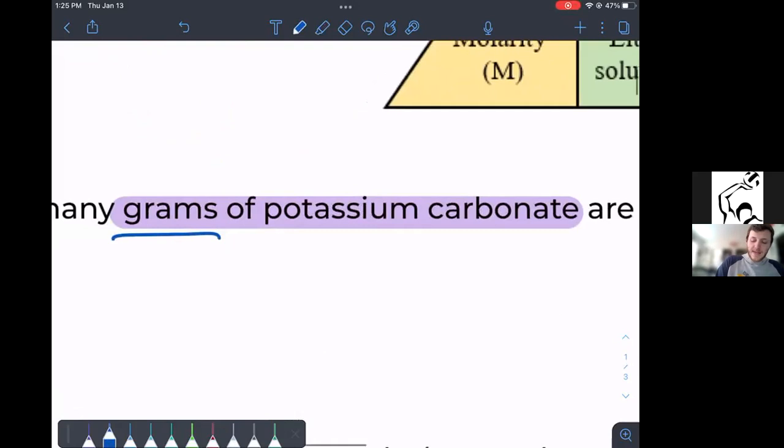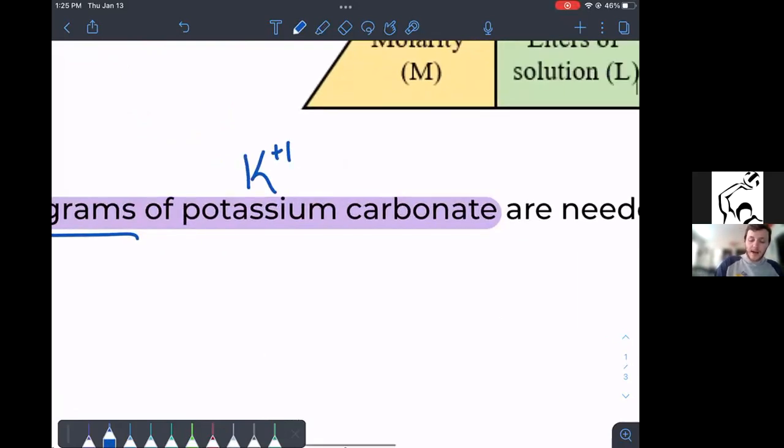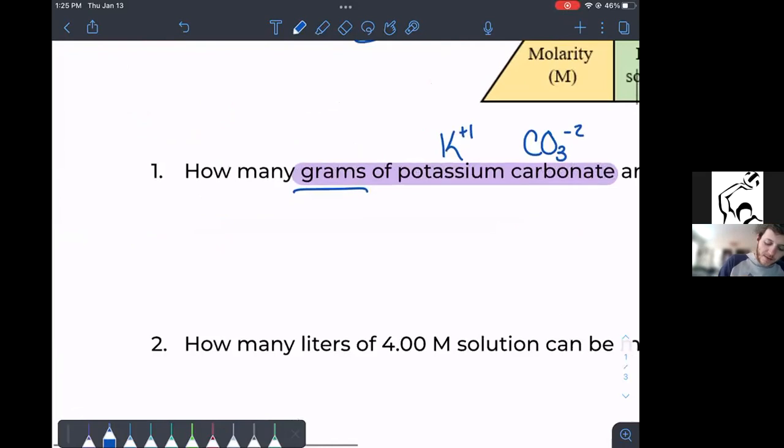For this one, we know potassium is K with a +1 charge. We also know carbonate is CO3 with a -2 charge. That means when we write our formula, we get K2CO3, as we need 2 potassiums to balance out the charge of our carbonate. When we solve for this, we find each of our molar masses.